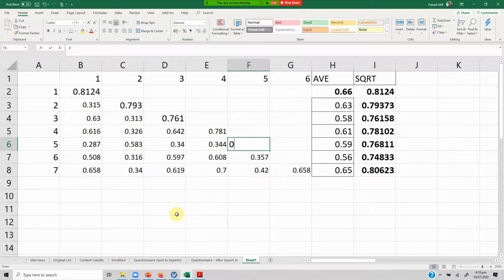For factor 5, 0.748. And for factor 6, 0.7681. Factor 7, 0.7483, and the last is 0.806.